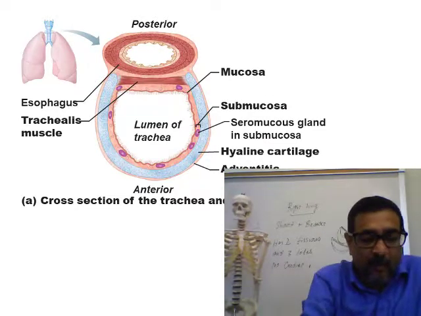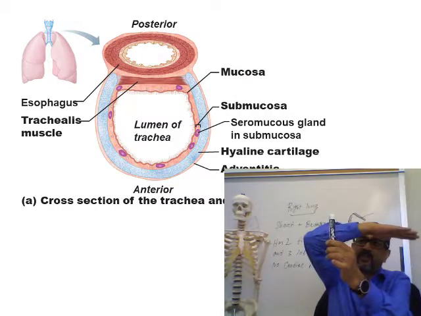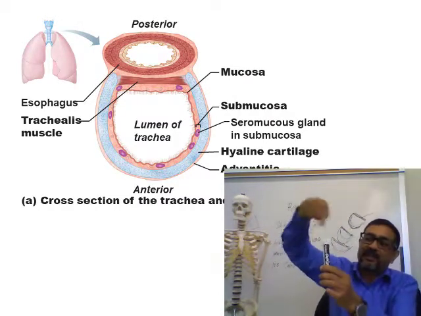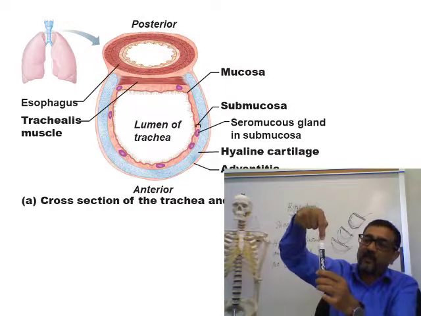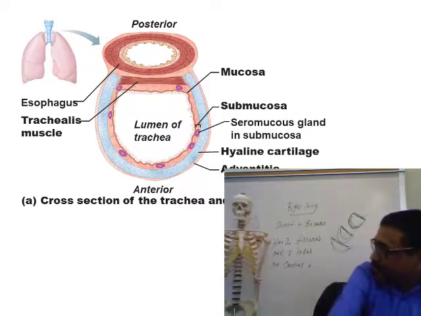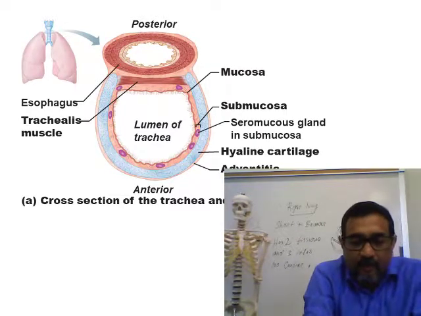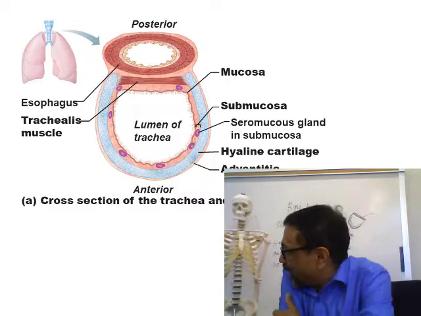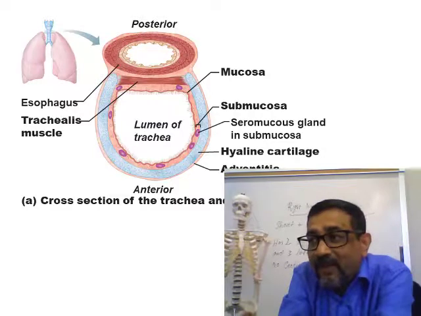If you make a cross section of the trachea and see the layers in the wall, there are three layers from inside to outside: mucosa, submucosa and adventitia. Mucosa has an epithelial lining that is pseudostratified ciliated columnar.